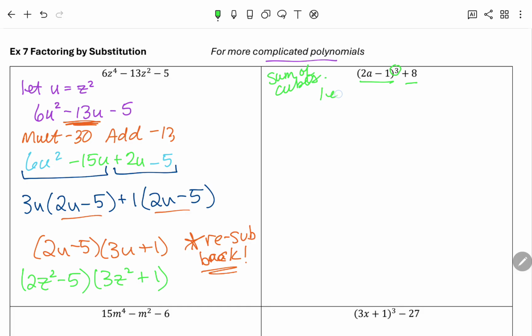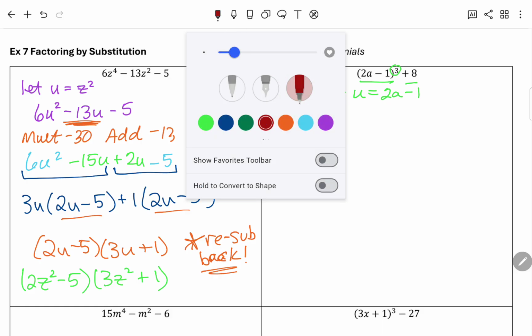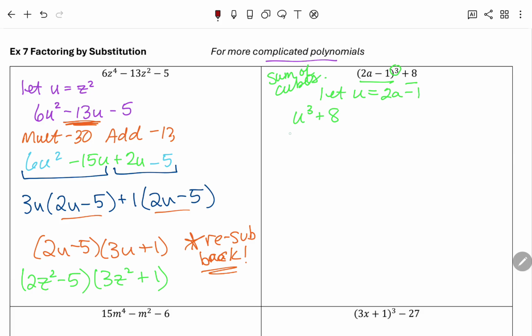So let's say, let u be 2a minus 1. Now what is it going to look like? It's just going to be u cubed plus 8. Well, that's simple. I've worked with that before. Okay, remember, this is coming from u to the third power plus 2 to the third power. So these represent my a and my b.